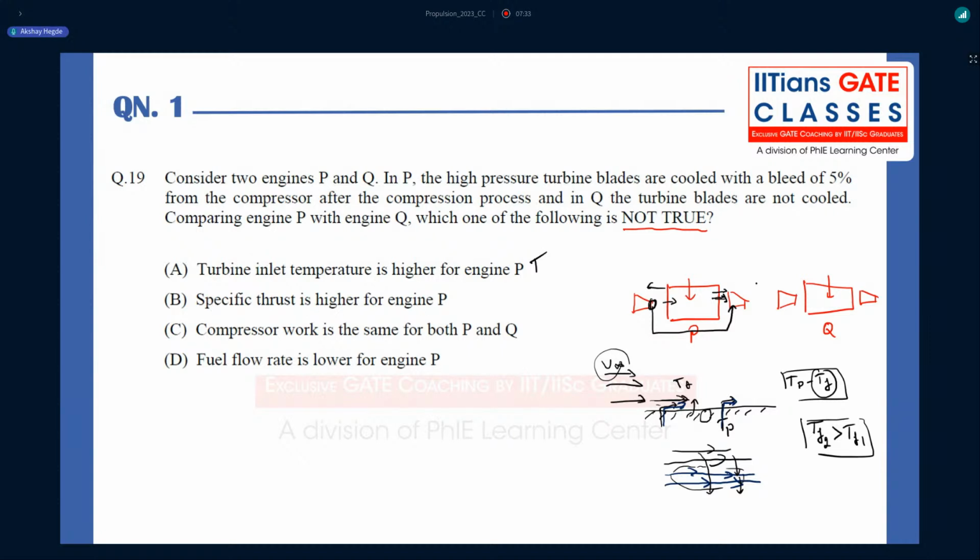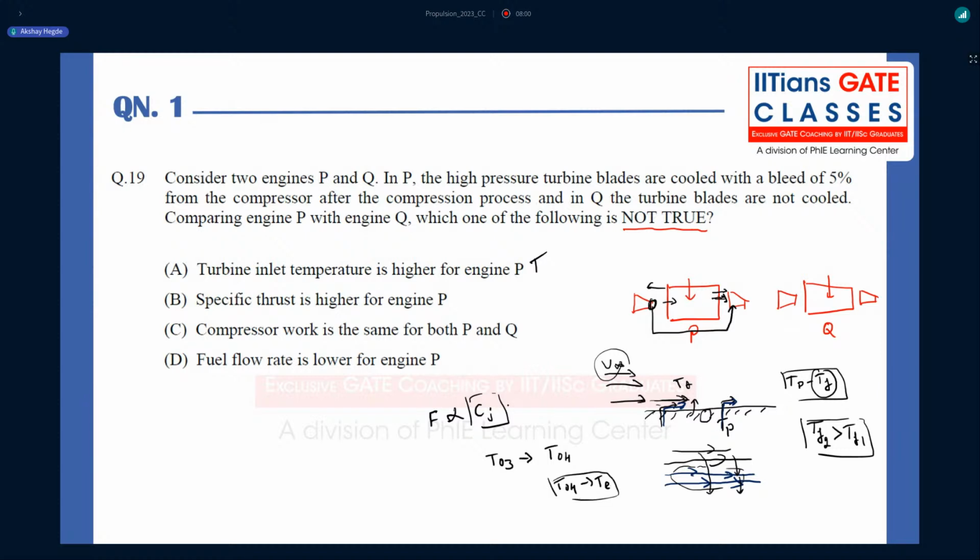Obvious, right? Because thrust is proportional to exit velocity, right? I can increase the exit velocity because my temperature at the turbine inlet is increased. So that implies temperature at the nozzle inlet is also going to increase. So that means I am going to expand from T04 to some exit temperature TE.